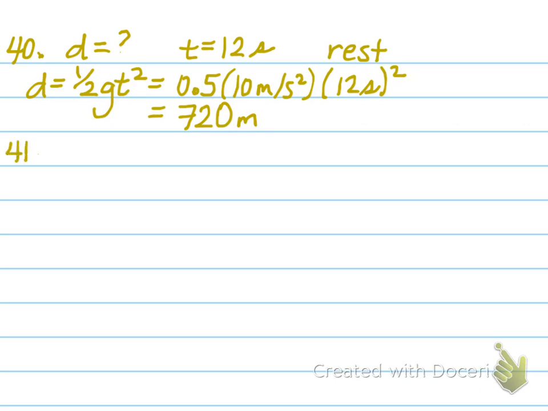Number 41. An apple drops from a tree and hits the ground in 1.5 seconds.